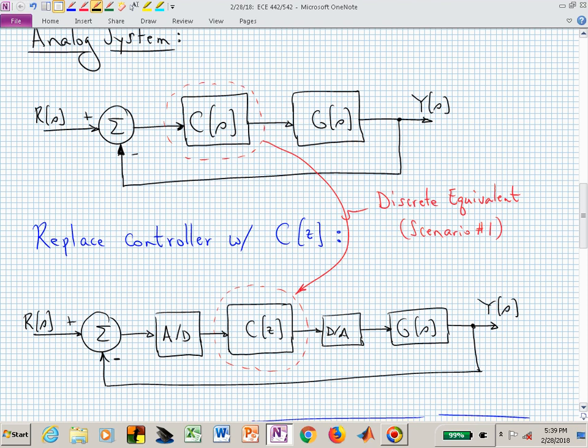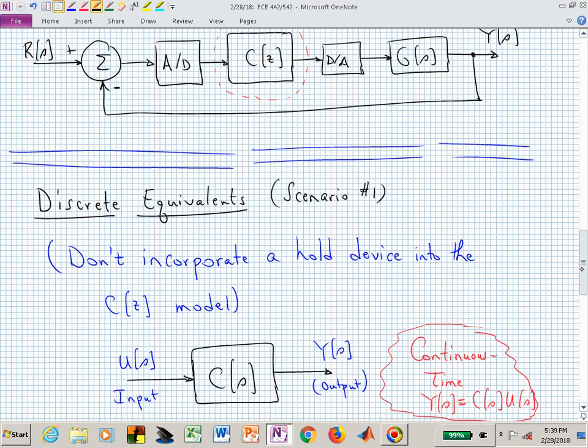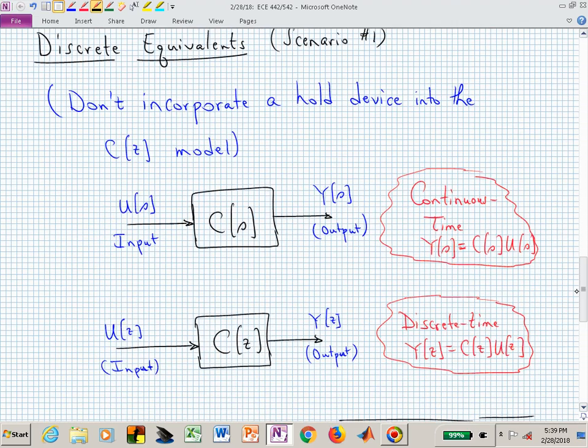We're going to work through many different ways of doing that, but the first way that we are going to discuss involves what's called the numerical integration approach. Stated differently, now I've simply extracted those blocks by themselves, and you could think of this capital C of s as being a filter.